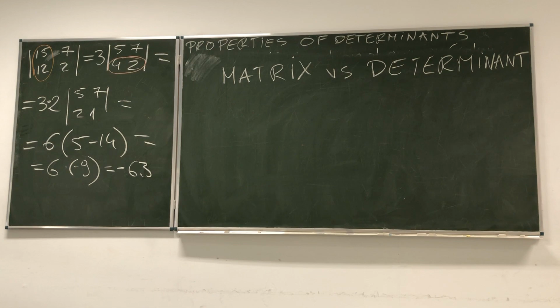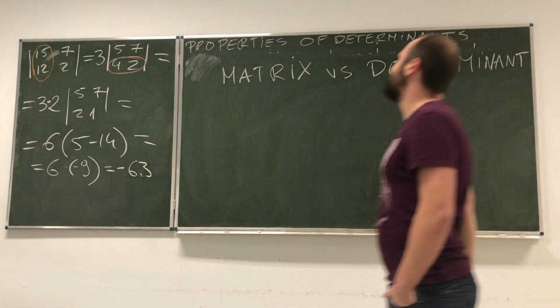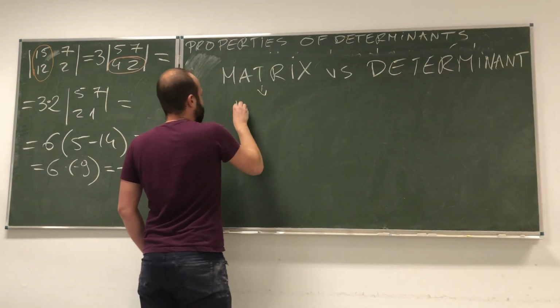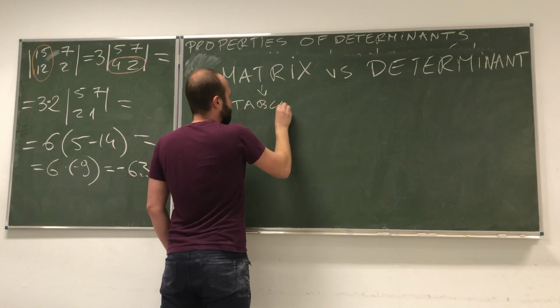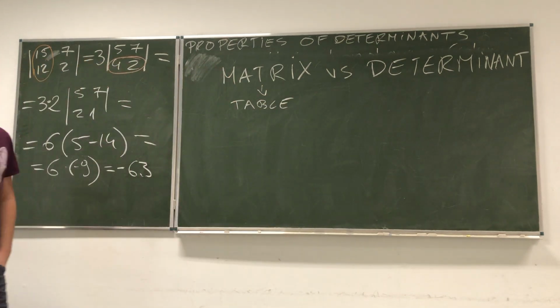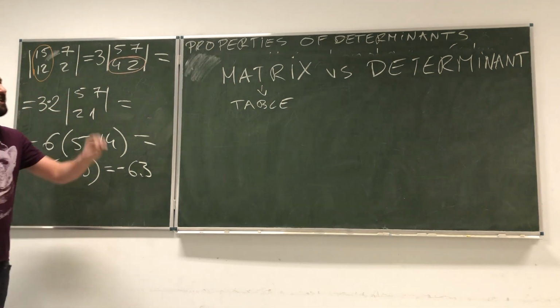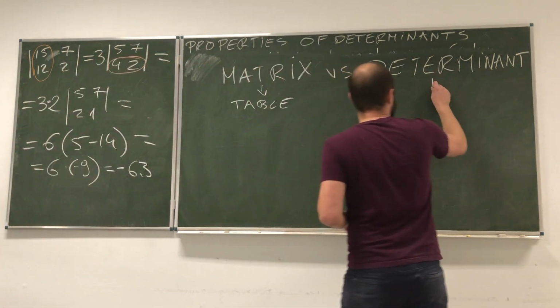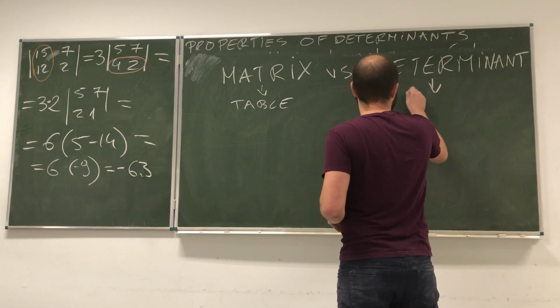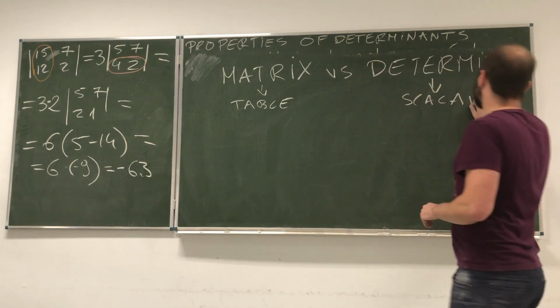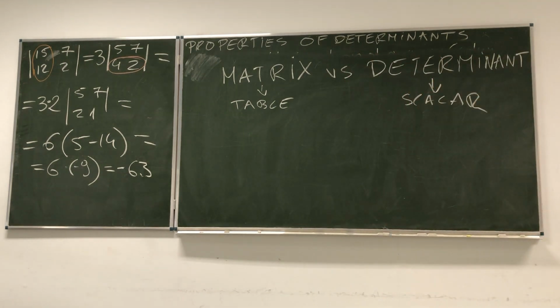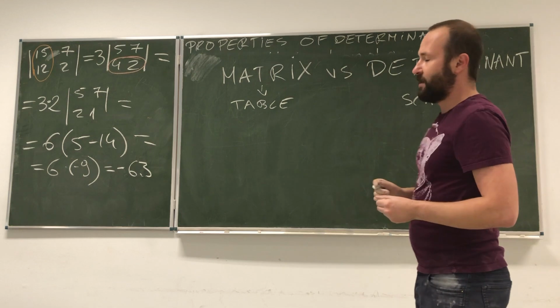Look, a matrix, as we said, is a table. This is a table filled with numbers, parameters, variables. Determinant is a number, is a scalar, is just one number, even though at some stages of calculations it appears to look like a table.